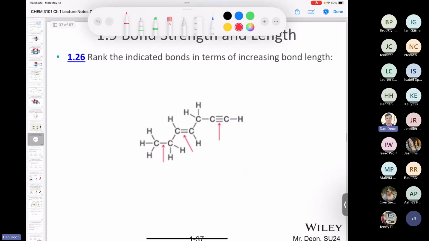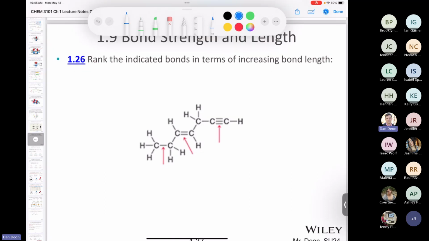All right, so with that in mind, I'll call this bond A, this one B, and this one C. We'll go from longest to shortest. Which one of these is going to be the longest bond? A, B, or C? A. Yeah, absolutely.